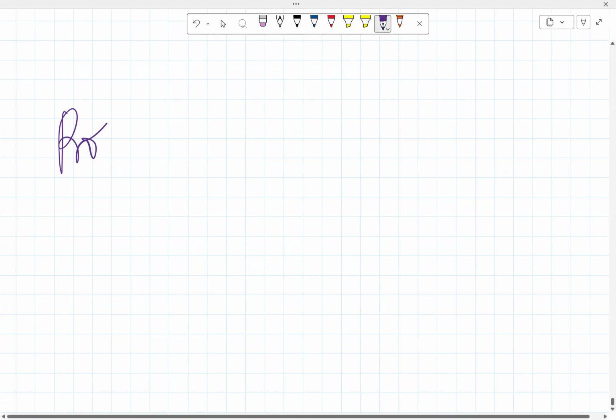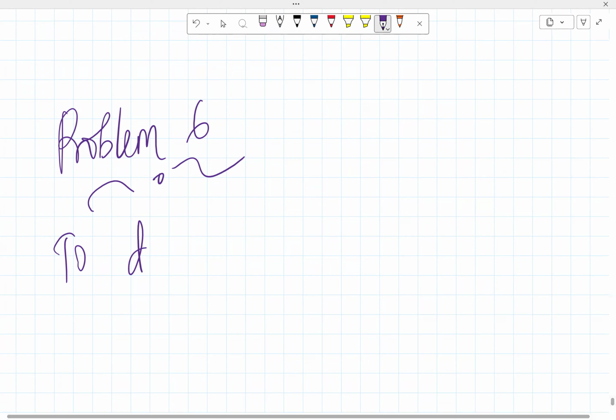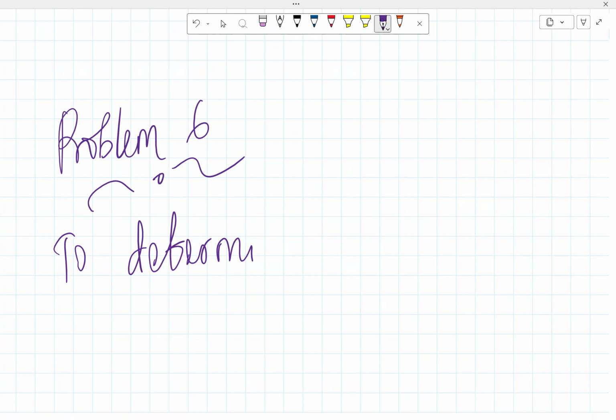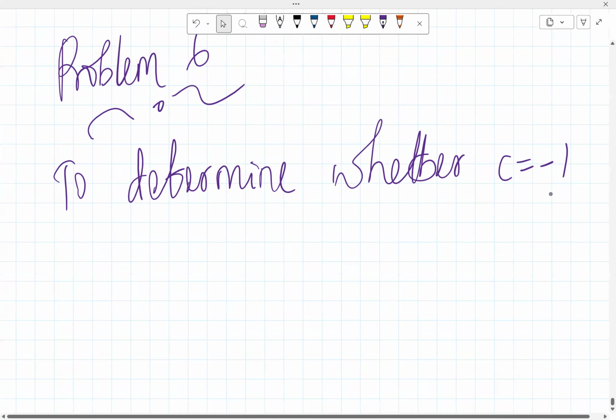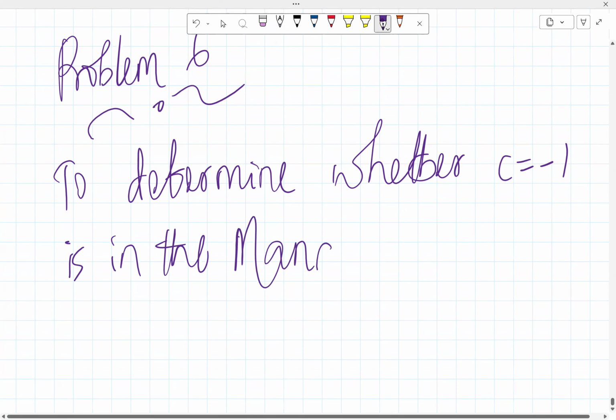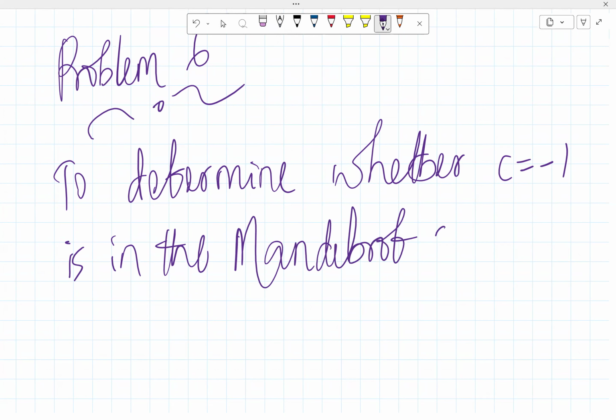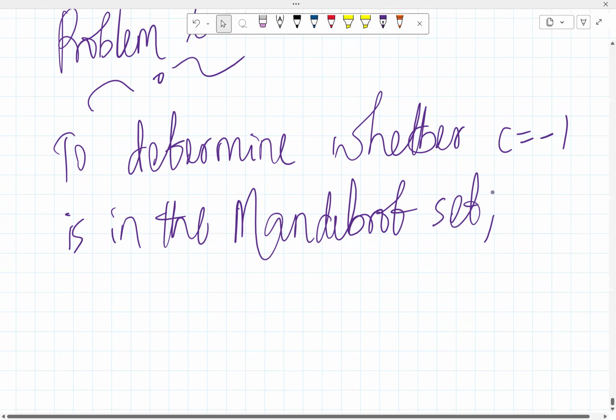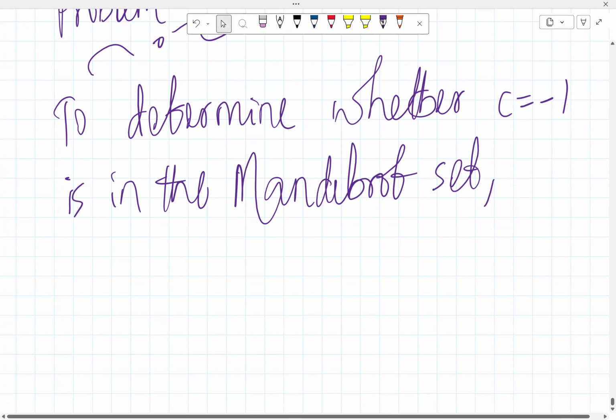So for problem 6, we have to determine whether C equals minus 1 is in the Mandelbrot set. We know that if we keep computing with that and we get divergence, then it is not there.